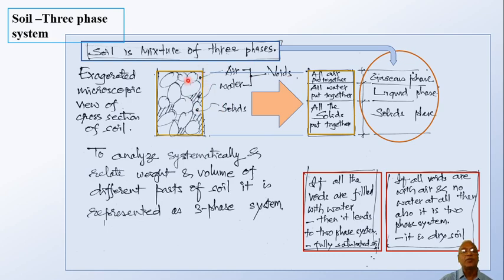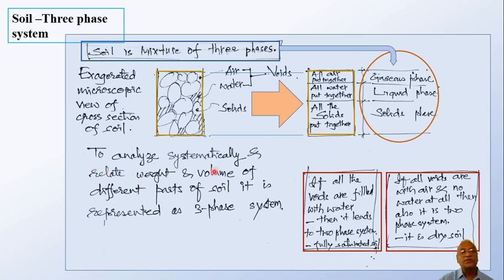Now if you put all this air together on the top, put all this water together over here, and then put all the solids at the base, representing the natural soil in this manner is known as three-phase representation, which will help us define the new terms and develop the theory.